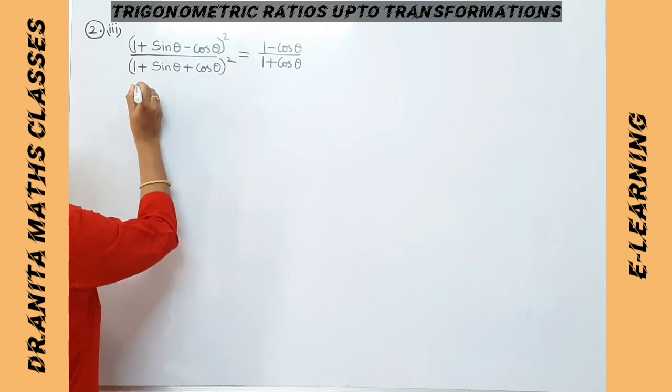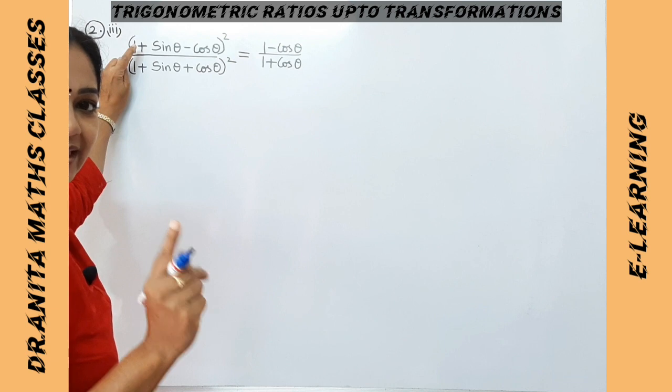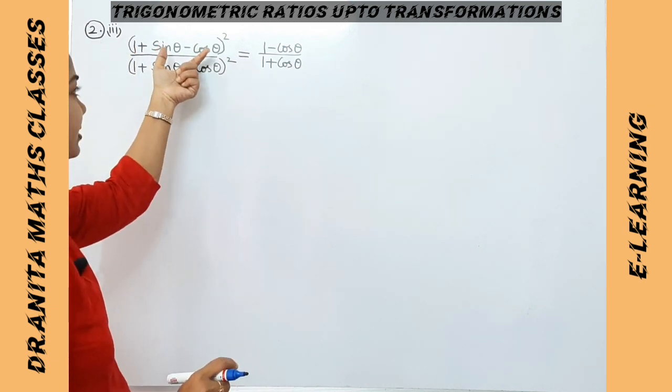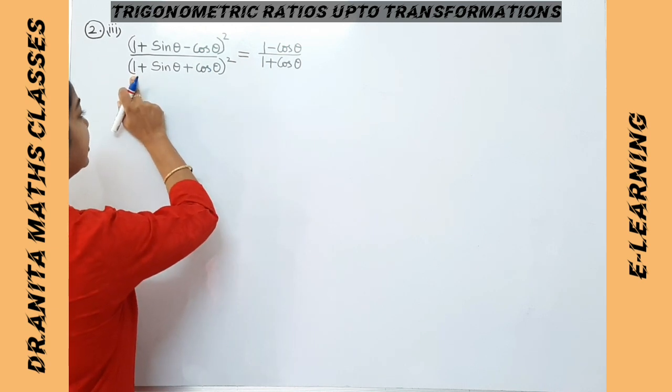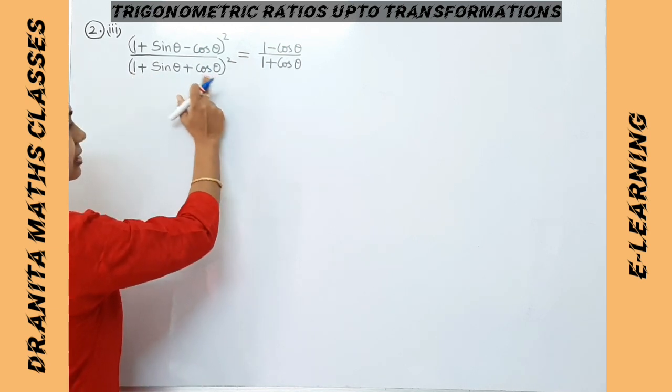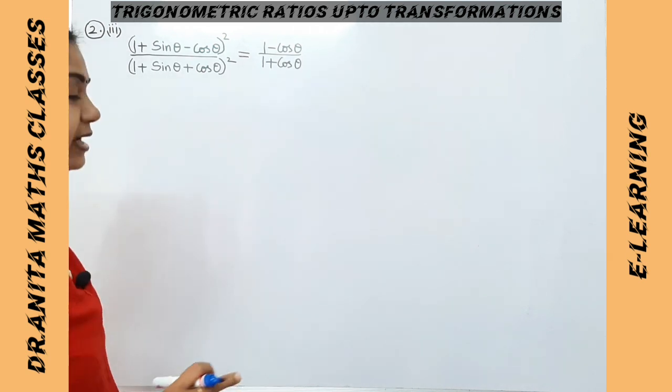If you take the LHS part here, I'll consider 1 as A and this part, sin theta minus cos theta, as B. Similarly here, this is A and this part is B. So A plus B whole square. Let us expand using the algebraic identity.